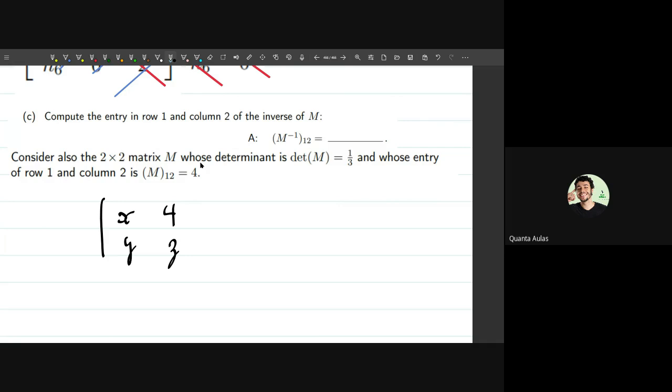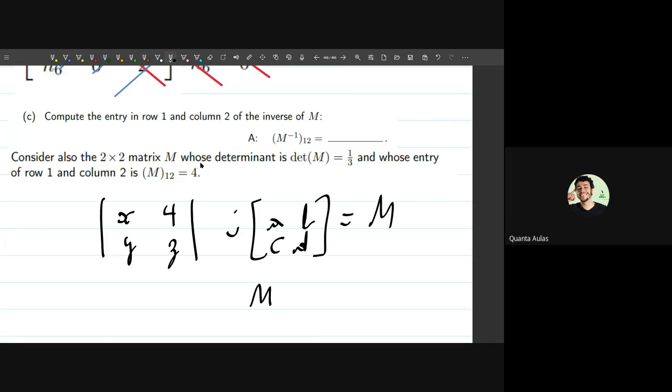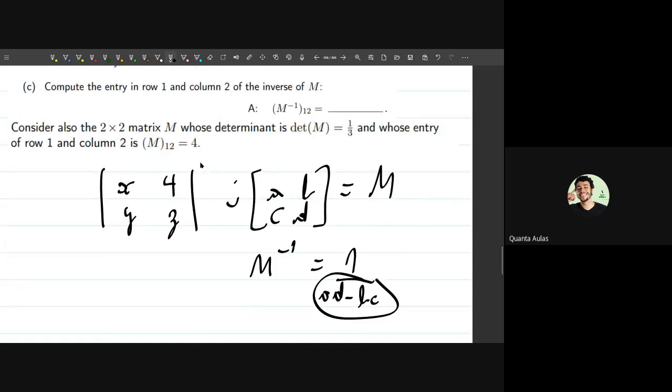This is the same way, but I want to talk about the inverse of the 2 by 2 matrix. When we have a generic 2 by 2 matrix like A, B, C, D, I don't know if you know, but the inverse is 1 over the determinant, times the matrix D, negative B, negative C, A, okay? We already know the determinant, right?